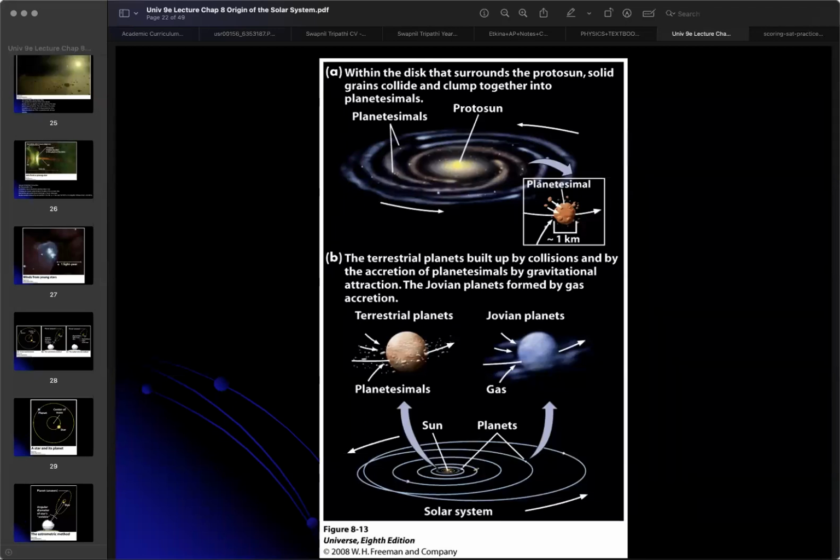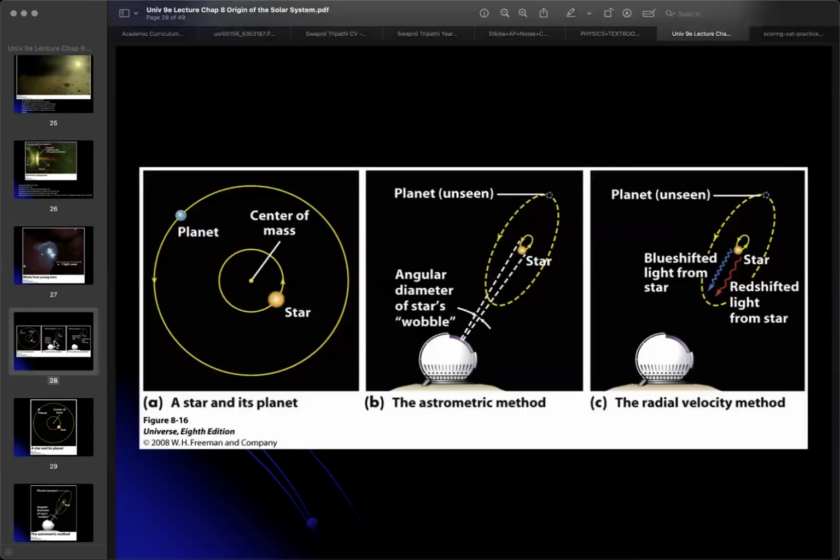What are some ways of observing and learning about the properties of exoplanets? One is the astrometric method and the other is the radial velocity method. The main thing is that when a planet goes around a star, it causes the star to wobble.